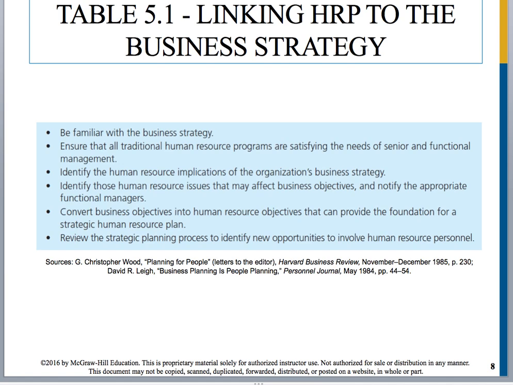And the ability to identify the HR implications of your business strategy and identify those issues that can affect your objectives as a company, and then be able to notify the appropriate functional managers that can help you address those issues and the impact. And then reviewing the strategic planning process to identify new opportunities that you can involve HR personnel.